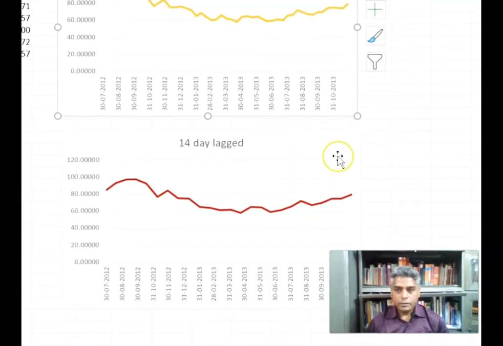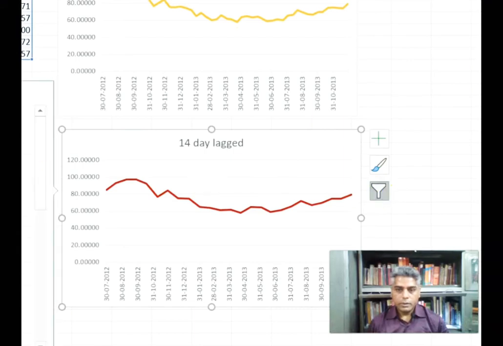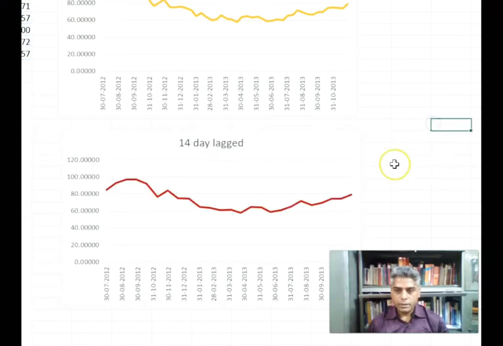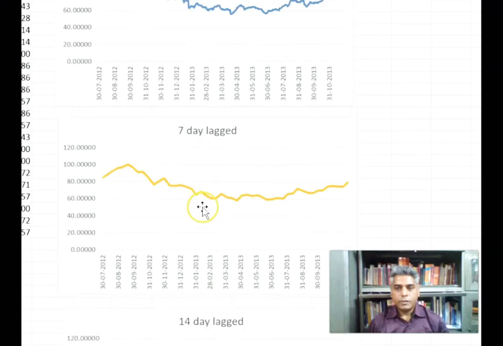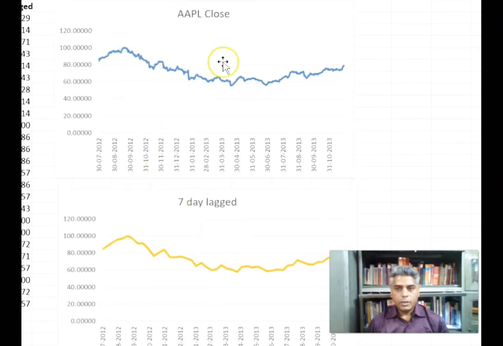What do we have here? Over here, again there is similarity, but there are broader patterns, and the volatility, the disturbances or the ups and downs, are still lesser in this particular case. So we see that there is similarity between these three series, but also a difference in terms of volatility.